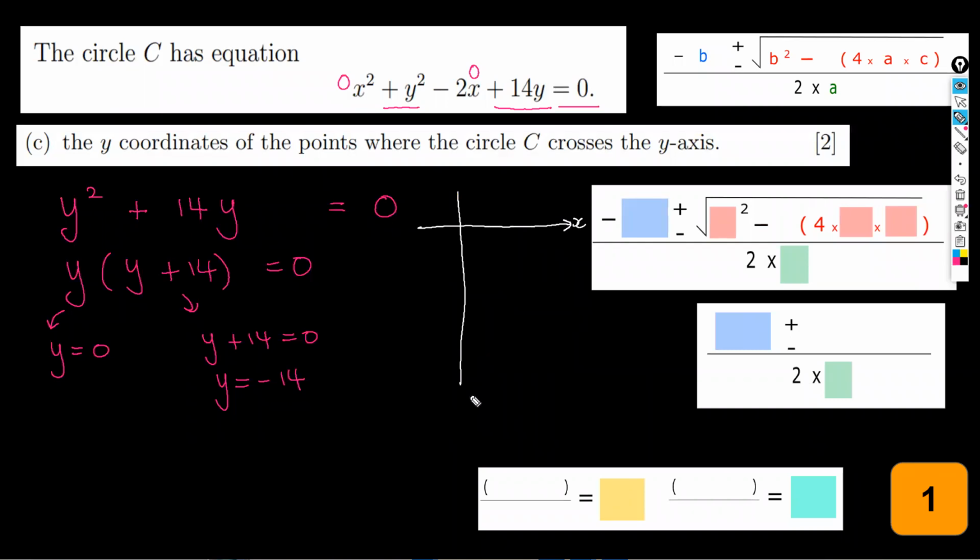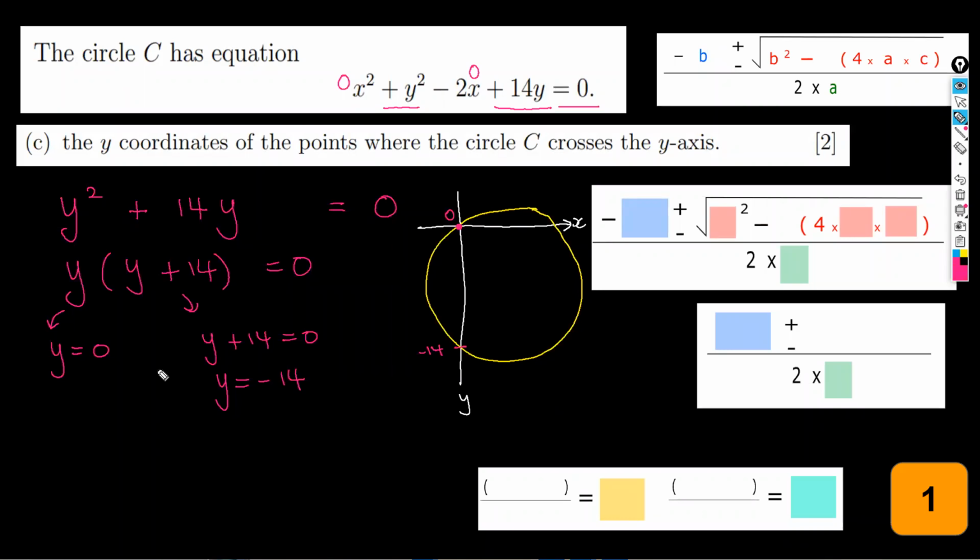You have your x-axis here and your y-axis. So apparently, this circle may have looked something like this. And it cut the y-axis at 0, that's 0 there, and it also cut at minus 14, right? So that's a little interpretation of how it might have looked.